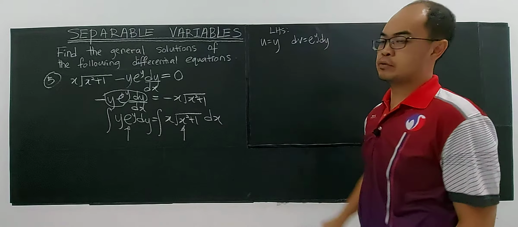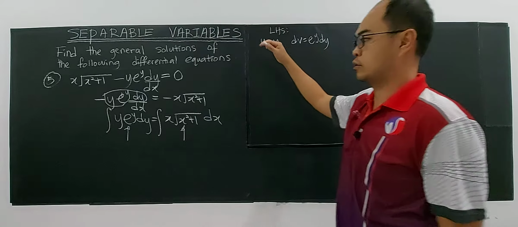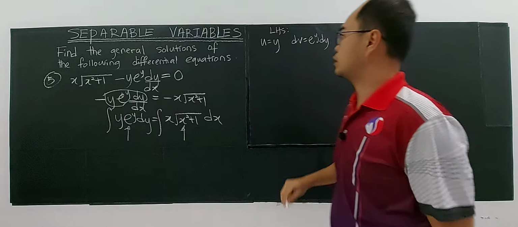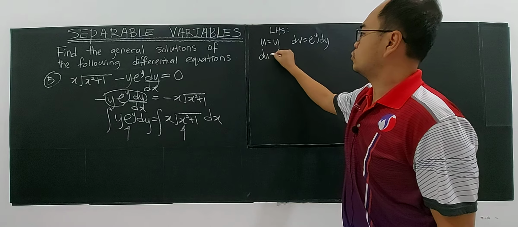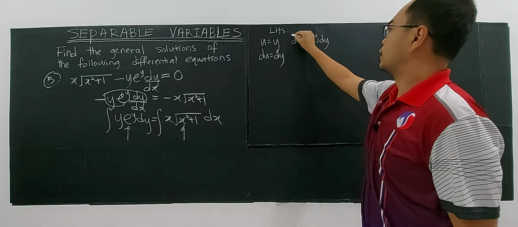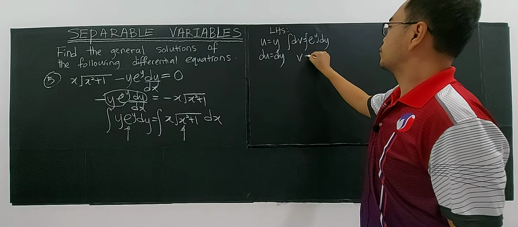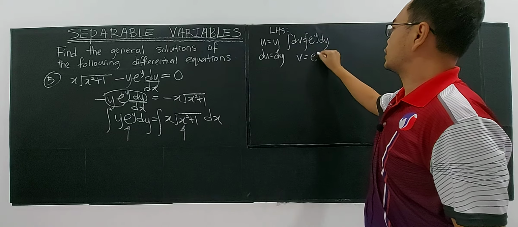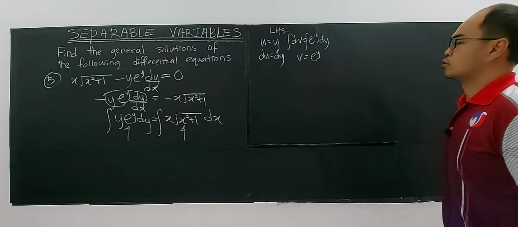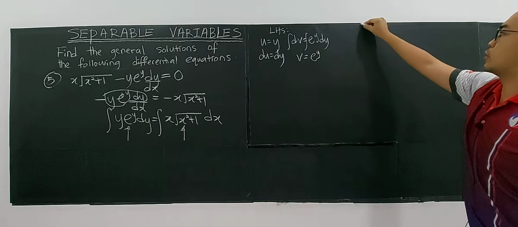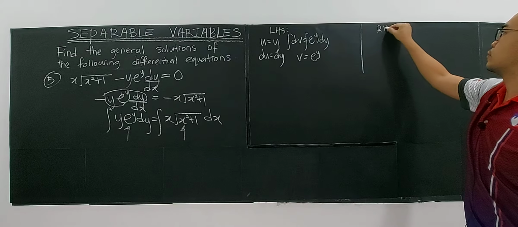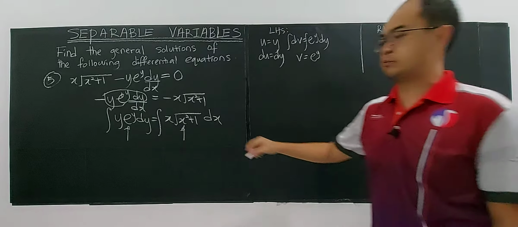As you're very familiar with integration by parts, you know you need to choose u and dv, right? For this case, your du will be dy. As you integrate dv, integrating e^y, you get e^y, right? For the right-hand side, I'm going to apply substitution.